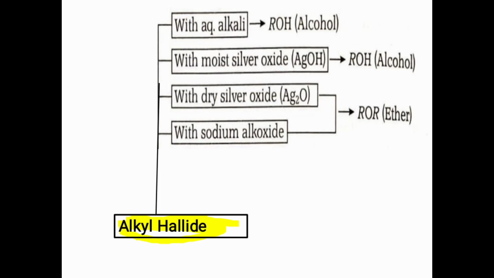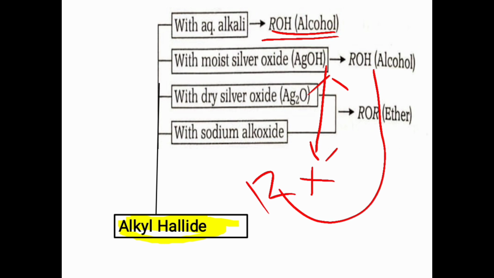Next, when alkyl halide reacts with aqueous alkali, the product formed is alcohol. When it reacts with moist silver oxide, that is AgOH, the X part and the OH part get substituted with each other.